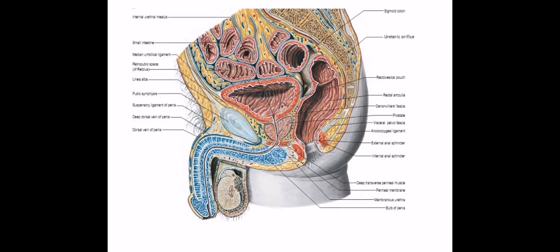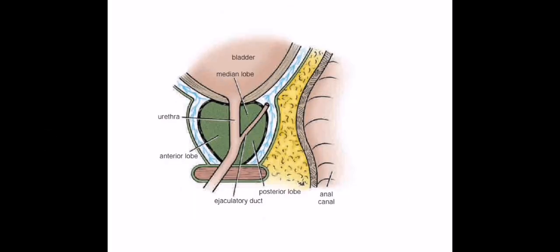The urethra enters the center of the base of the prostate. Inferiorly, the apex of the prostate lies against the urogenital diaphragm.